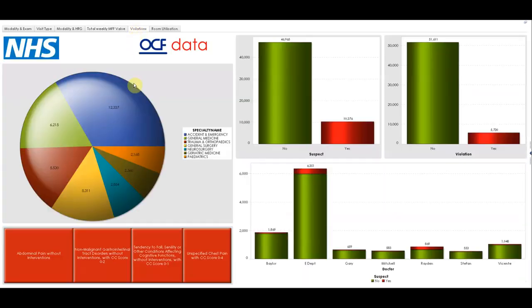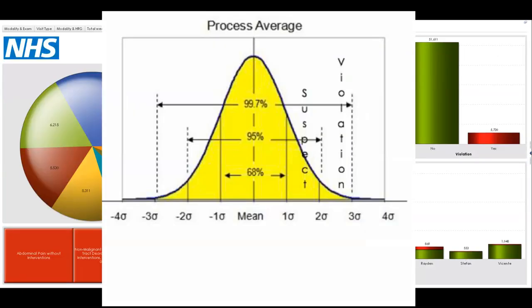Next, we look at violations. In order to explain violations, we'll have to look at what technique we have used to identify suspects and violators. A suspect is any doctor who is 1 sigma away from the mean, and violators are those who are 2 sigma away from the mean.